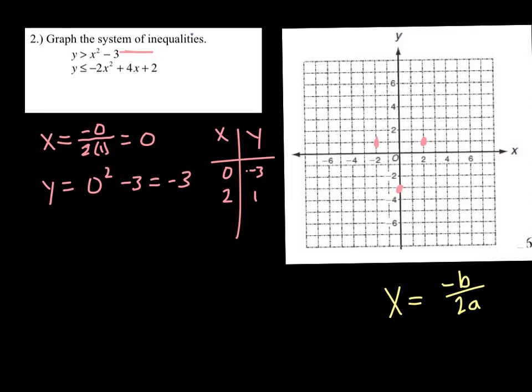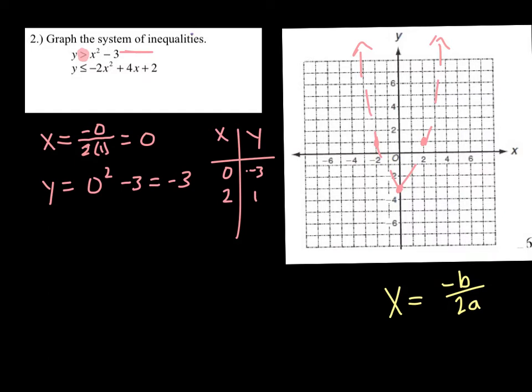Since this inequality is just greater than, not greater than or equal to, it's going to be a dashed boundary line. We don't want to include solutions on that boundary line in our answer.